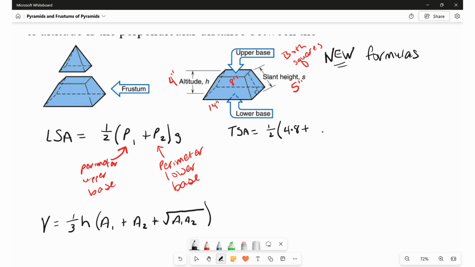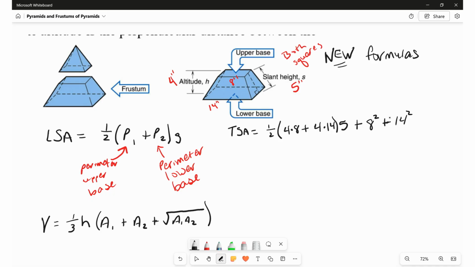The perimeter of the lower base, 4 times 14. And the slant height is 5. So that's lateral surface area, plus 8 squared plus 14 squared, because remember, the area of a square is just side times side.